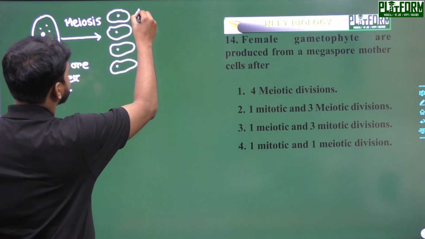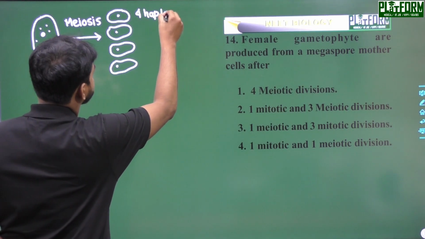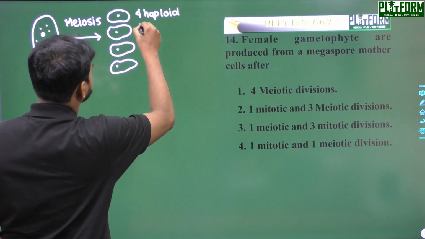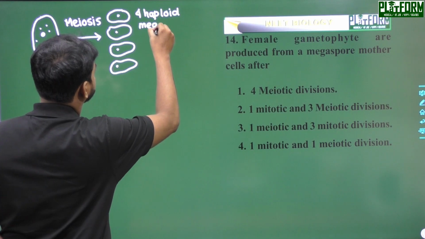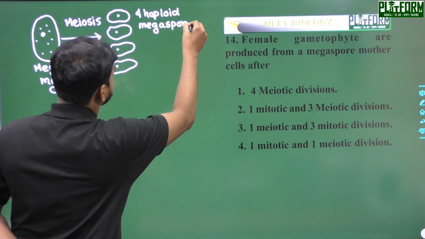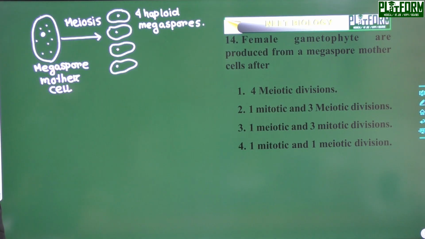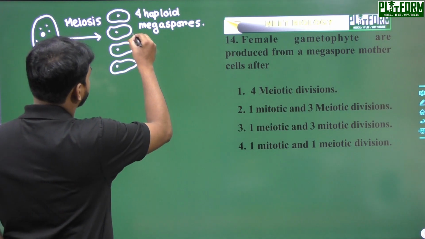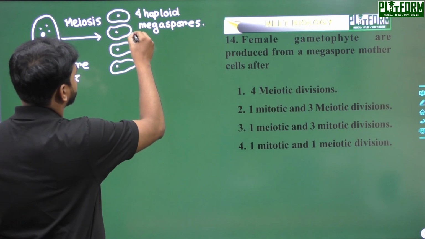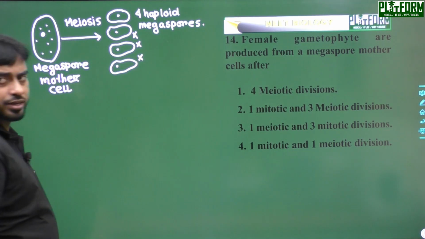These are the 4 haploid megaspores. Now, what will happen? Out of these 4 megaspores, 3 megaspores get degenerated.